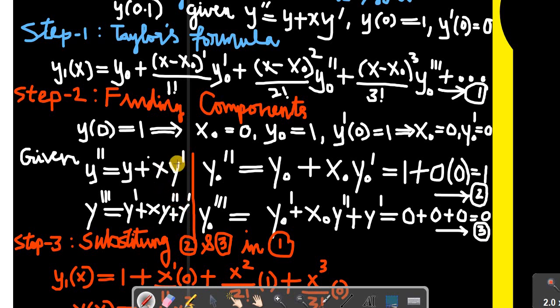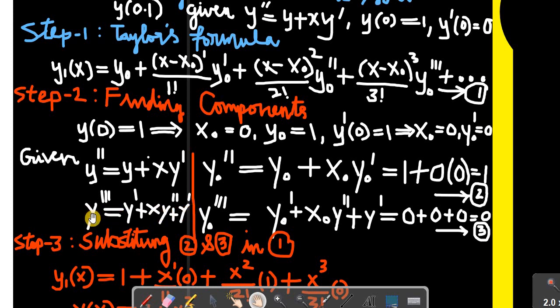Secondly, we keep this as a constant and differentiate this, we will get dx by dx is 1 and y dash is here. So the third derivative of y with respect to x equals y dash plus x y double dash plus y dash. That is what we will have.